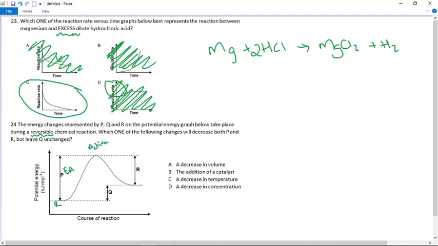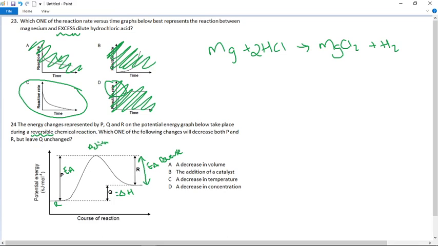R is the activation energy for the reverse reaction. So they're asking you to change P and R, but leave Q, which is the delta H, the enthalpy. Nothing is going to change this unless you do something weird to the reactants and products.